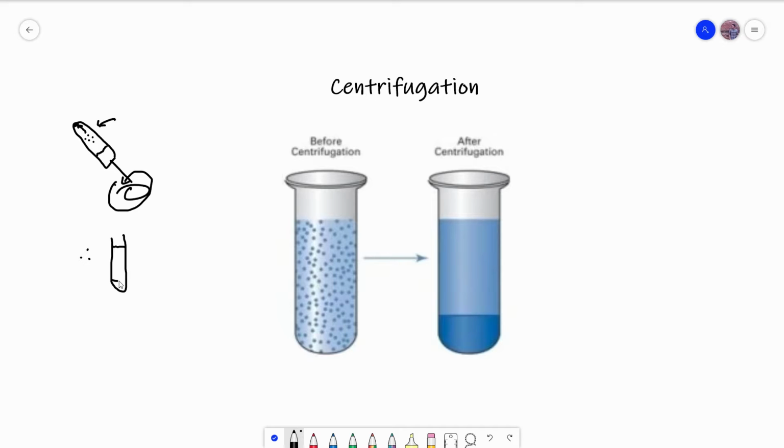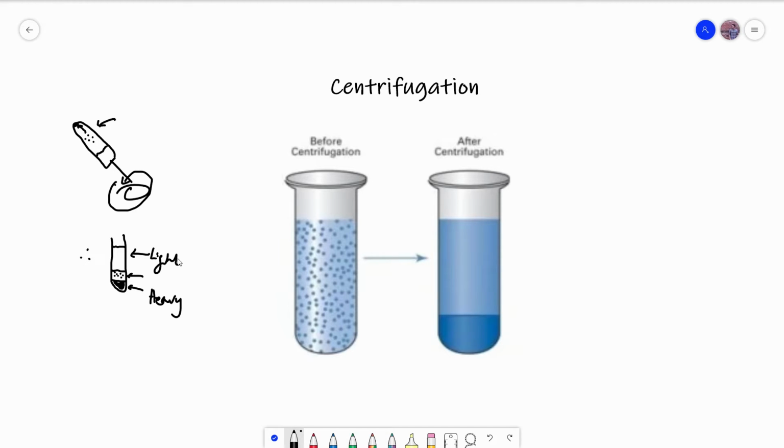So say supposing you've got a tube which has a solution which has got water, okay, and it's got chalk particles, and it's also got a number of rocks, right? So now the rocks are obviously going to be the heaviest particles over there, followed by the chalk particles, followed by your solvent, which is the water.